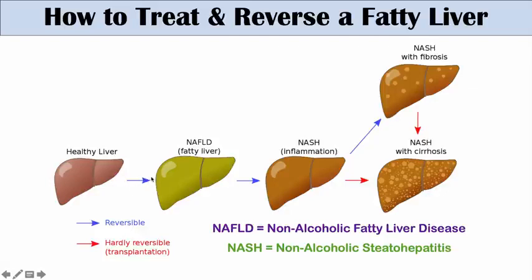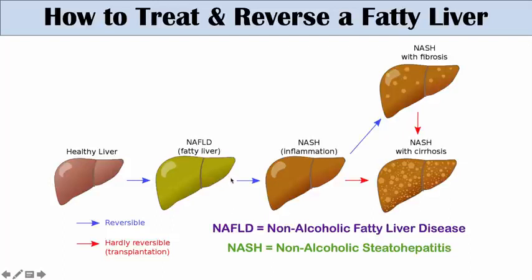A lot of it is related to insulin resistance, but fat begins to accumulate in your liver. And the fat starts to slowly infiltrate into the liver, and this is what we call non-alcoholic fatty liver disease, NAFLD.